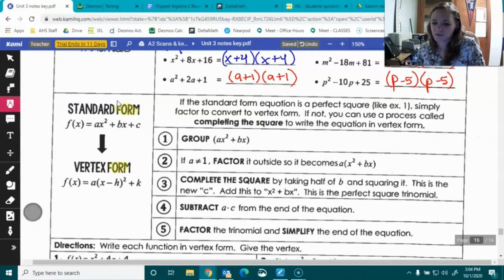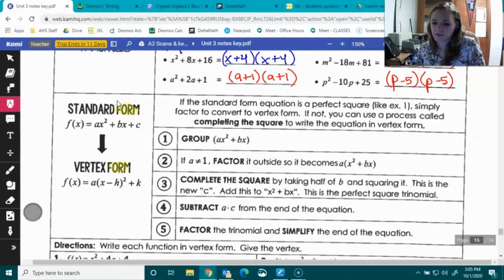It's going to have parentheses and then some value here, possibly a coefficient. If the standard form equation is a perfect square, like example 1, you're going to simplify the factor to convert it to vertex form. If not, you can use a process called completing the square to write the equation in vertex form.